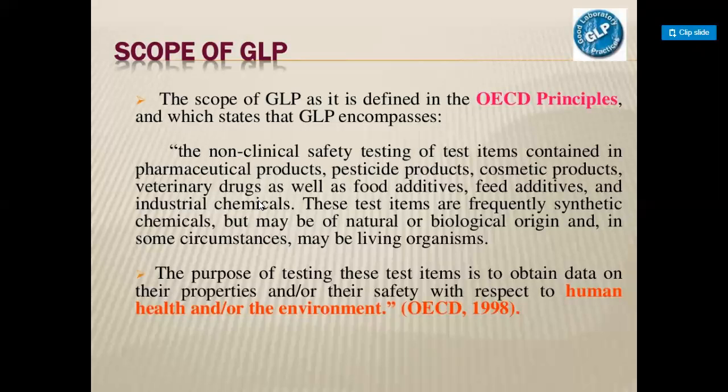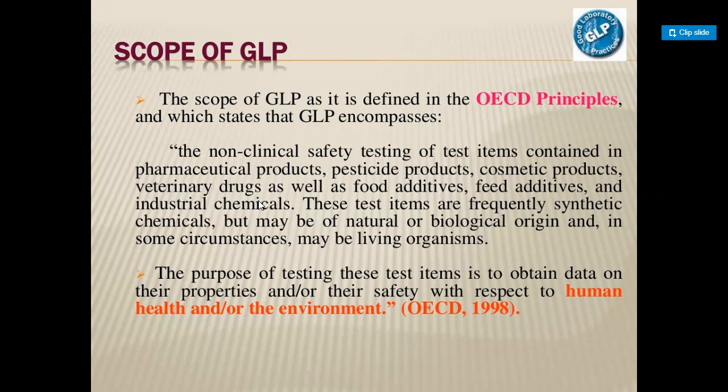Non-clinical safety testing, in what sense? Non-clinical or preclinical, where we are using animals. At the same time, we are expecting data which will be helpful during the clinical safety phase. That's what we do in preclinical. We are using rats, mice, pigs, rabbits, whichever animal body resembles the human body. That model we select, and we test the drug.